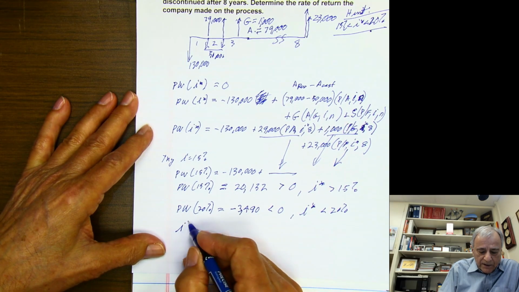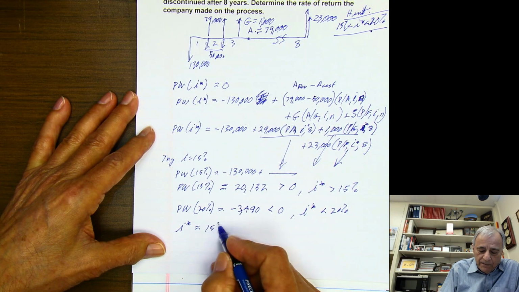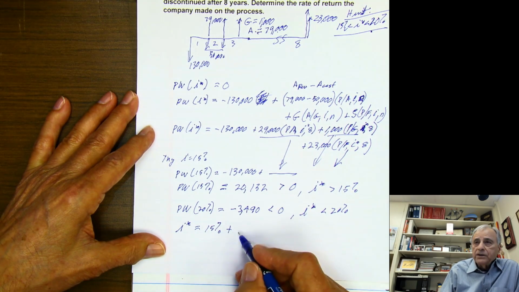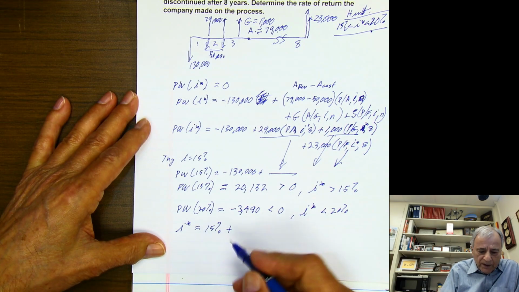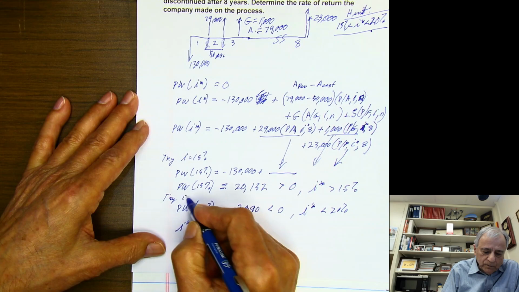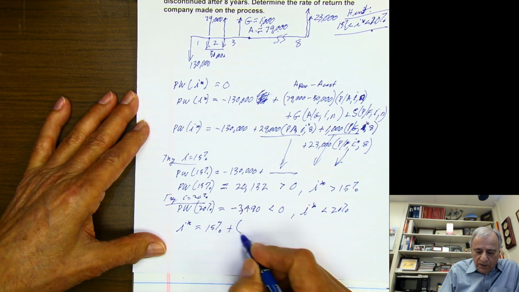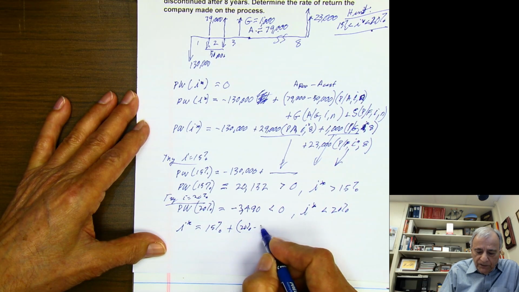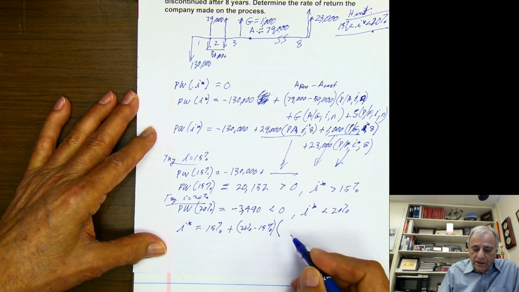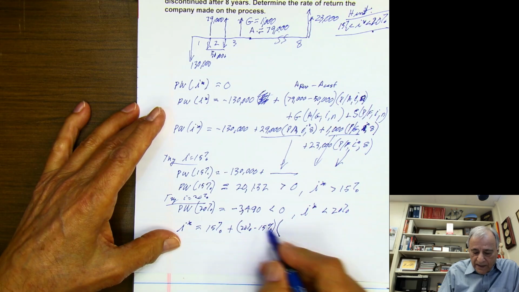So I star is equal to the base 15%, plus the difference in percentages between these two trials. We tried 15%, then we tried 20%. So this would be 20% minus 15%, which is of course 5%.